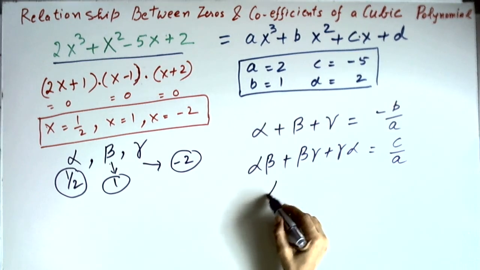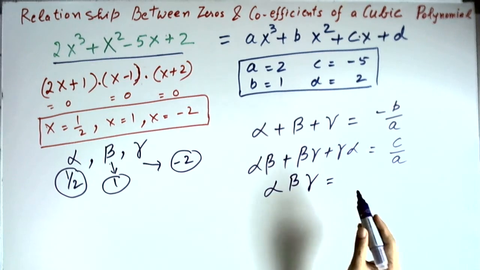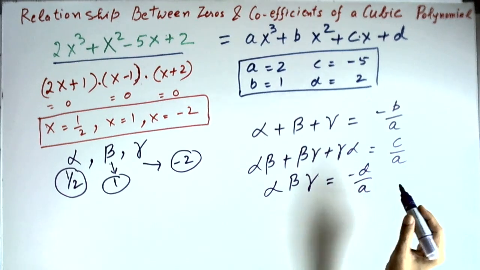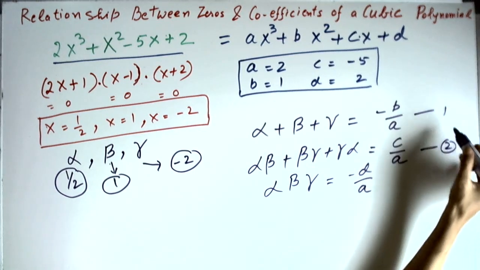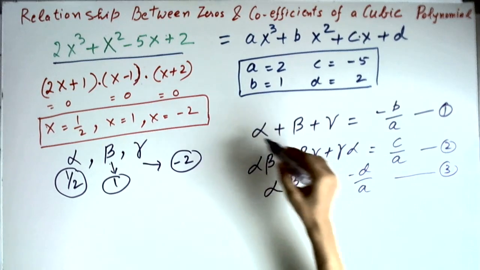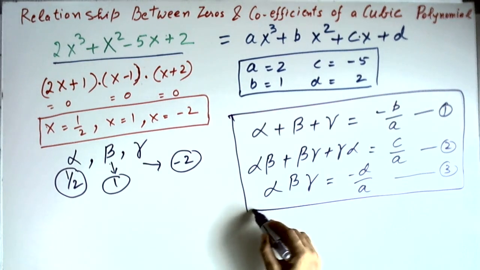And lastly, the product of these 3, alpha beta gamma, is equal to minus d over a. So this is relationship number 1, this is relationship number 2, and this is relationship number 3. Basically these are the 3 relationships.